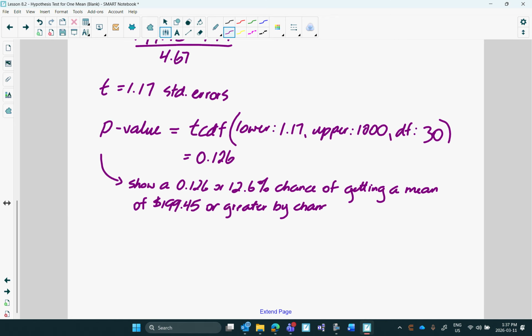So even though this 199.45 is bigger than the 194 allotment, it's not unusually so. Okay, so therefore, not convincing evidence.